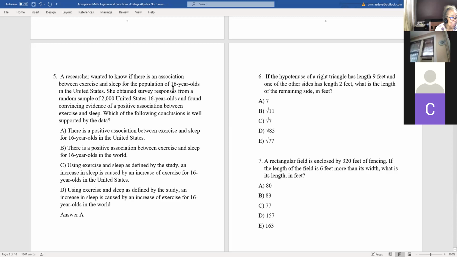The data is what you're reading here, not something you may know about. Use just what they gave you to give the answer. And the only definite thing they gave you is convincing evidence of a positive association between exercise and sleep. So it can only be A.